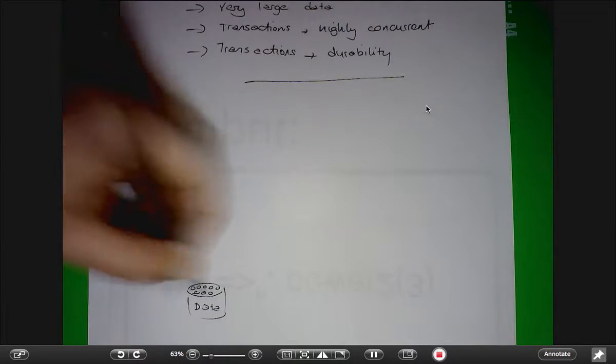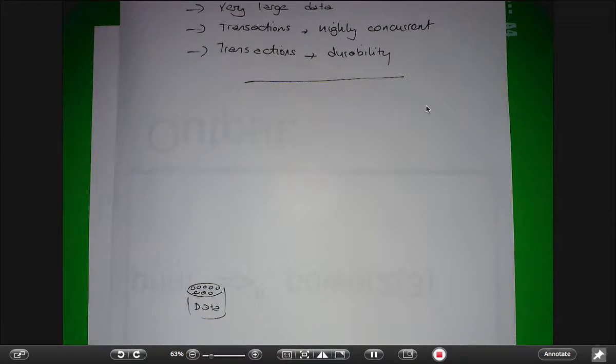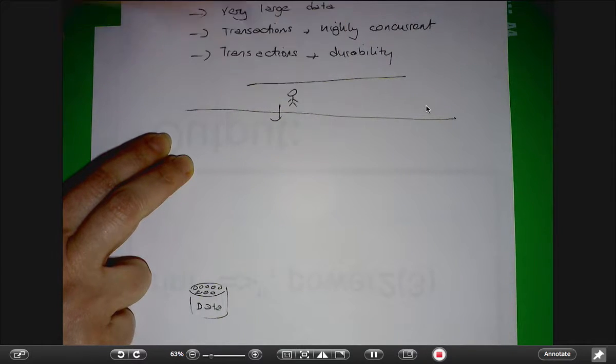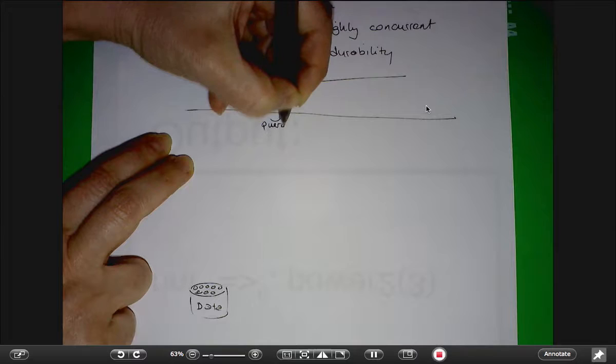But your data sits somewhere on disk. And then you, as the person, write queries. In fact, your queries can be things that define what type of data you're supposed to store.